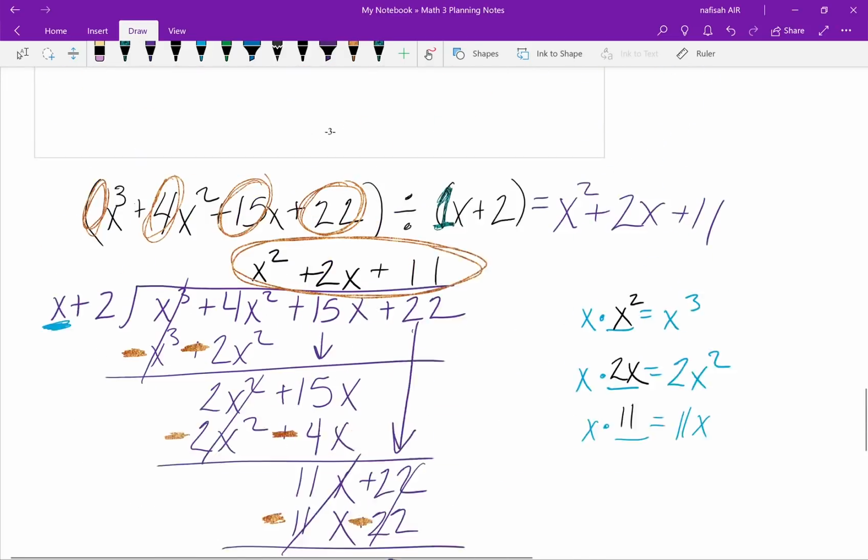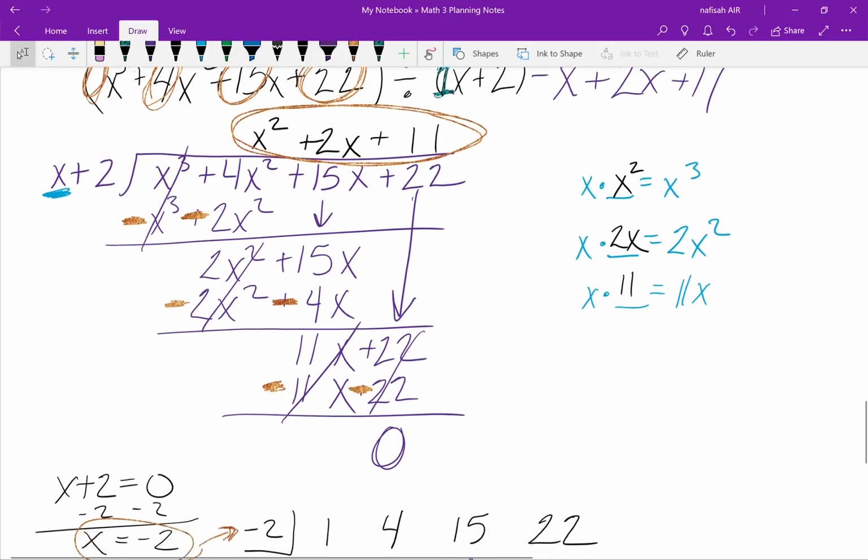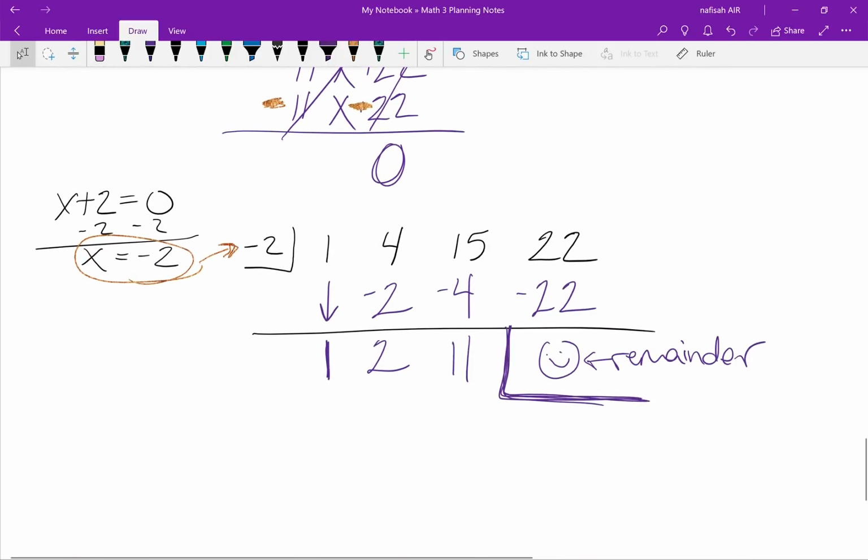If you notice, we started off with the x cubed. Every time you do synthetic division, you go 1 underneath the power, your highest power. So since this right here was an x cubed, the answer will be an x squared right here.